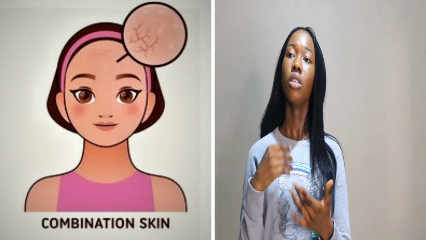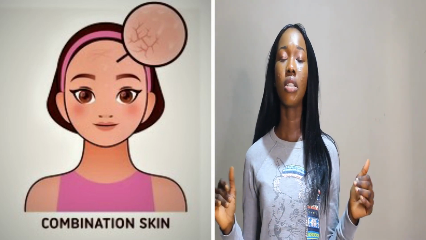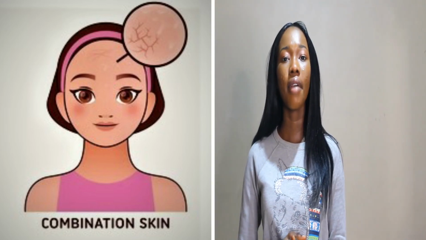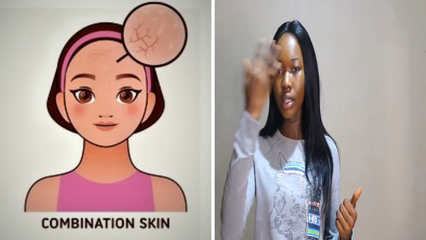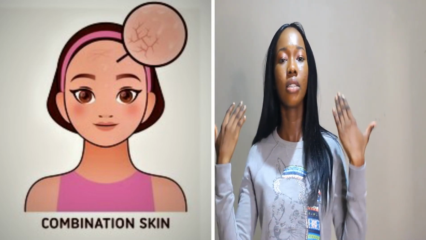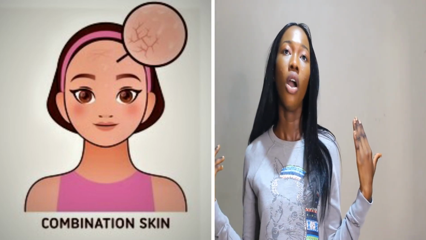So what combination skin means is that some individuals have a different skin type at their T-zone and a different skin type at their cheek zone or C-zone, which means these individuals have to apply different products at different places on their face, because the individual can have an oily T-zone and a very dry C-zone, and vice versa.